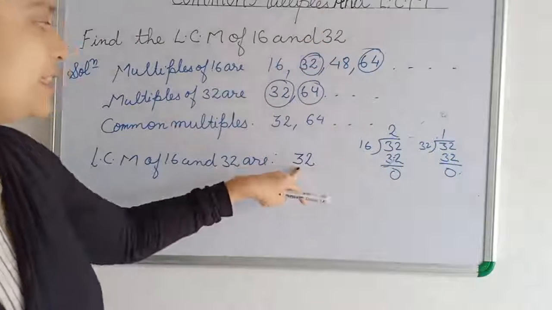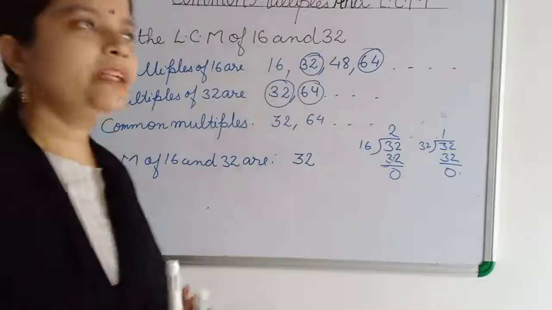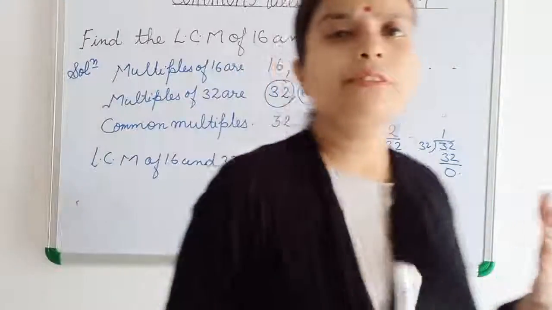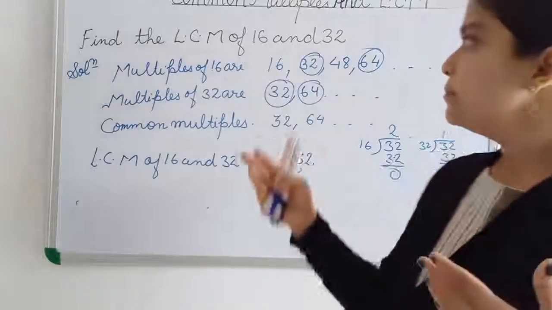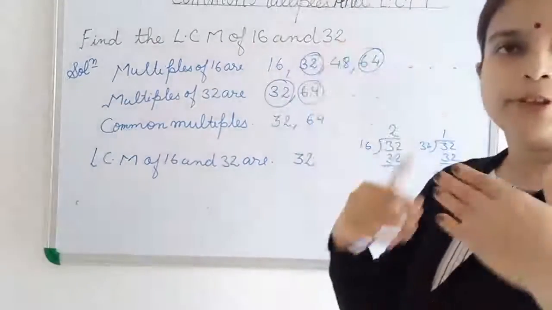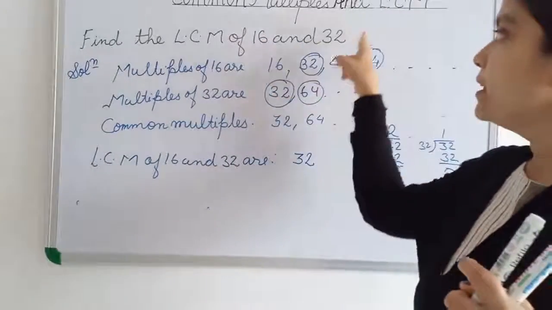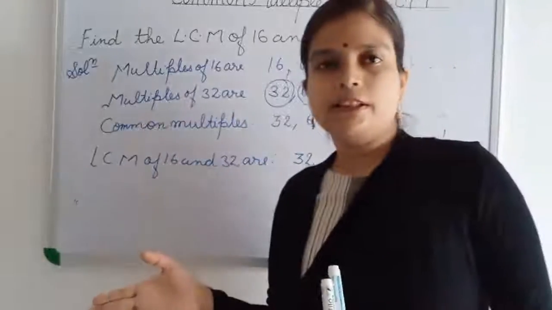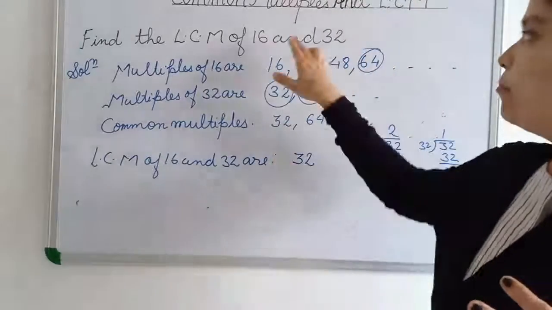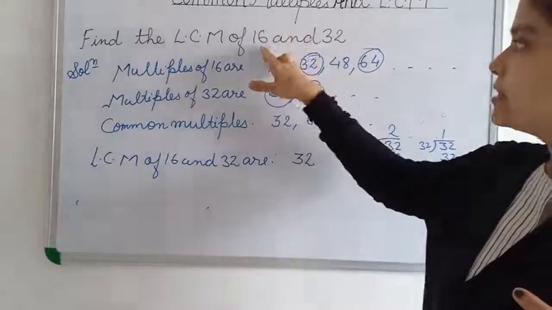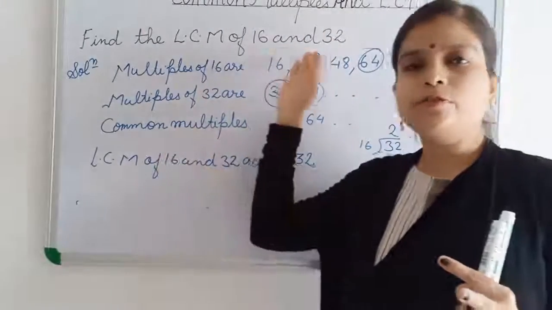Again I am repeating, when anyone asks you to find the LCM of a pair of two numbers, and among this pair one number is the multiple of the other, then the bigger number will be the LCM of both. You can see 32 is the multiple of 16, so 32 will be the LCM.